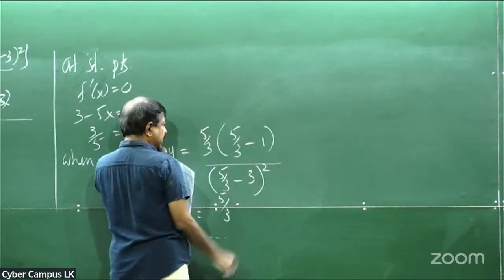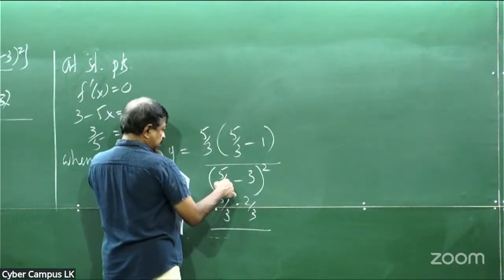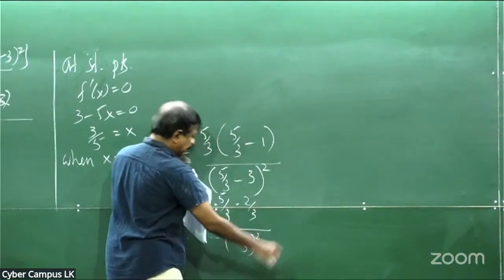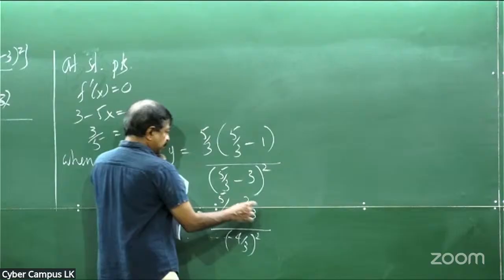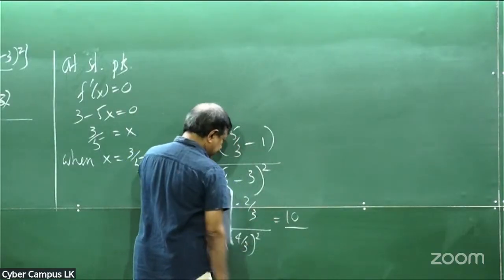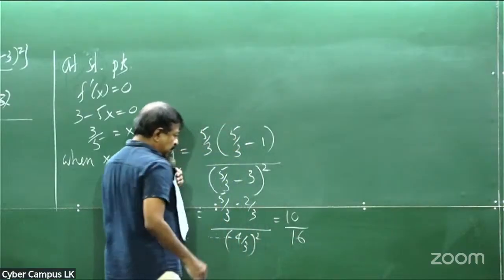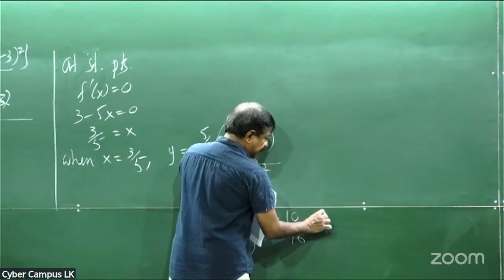If you take 3 as the common denominator, you get 2 over 3. This is 9. So minus 4 over 3, quantity squared. 10 over 16. The 3 squared will go away, which is 5 over 8.